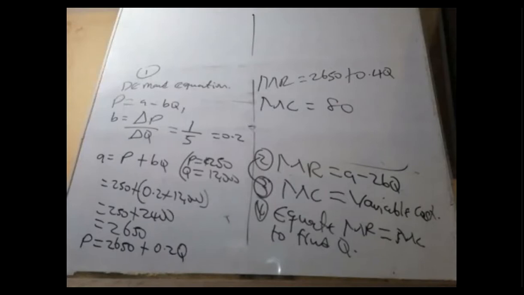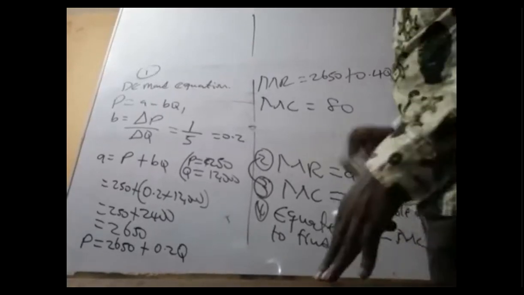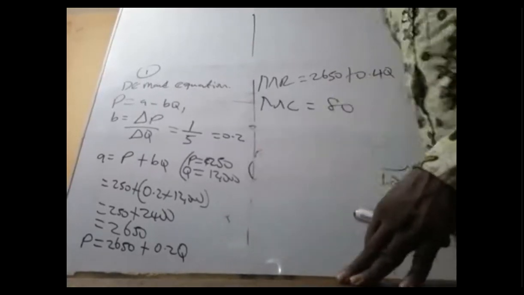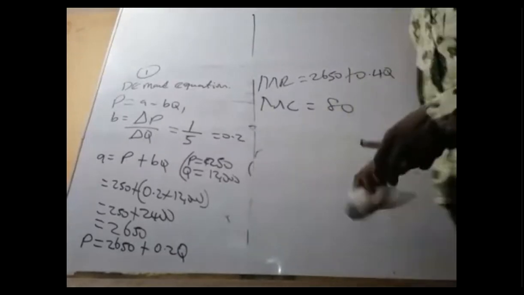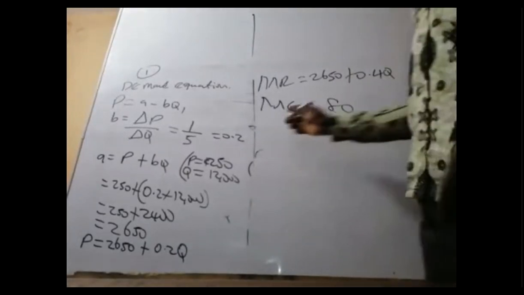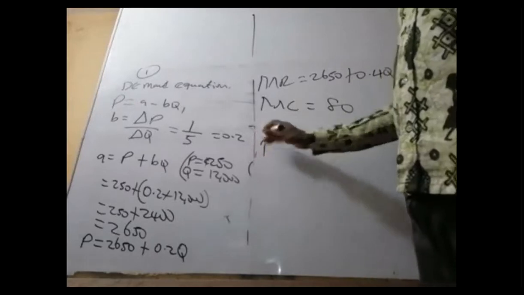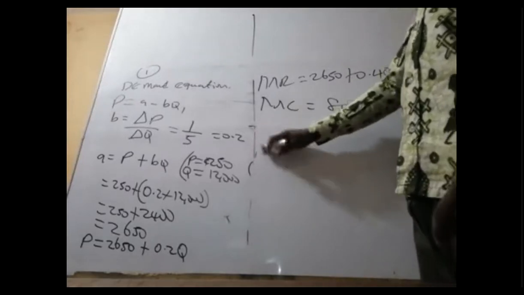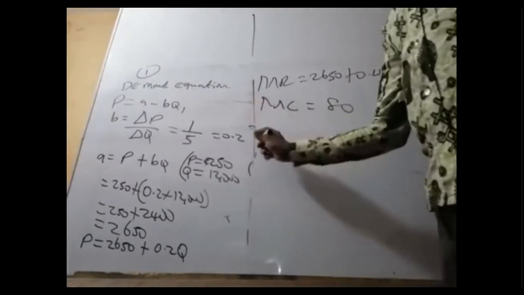Now tell the examiner that to maximize profit, from here we have to equate the marginal revenue to the marginal cost.